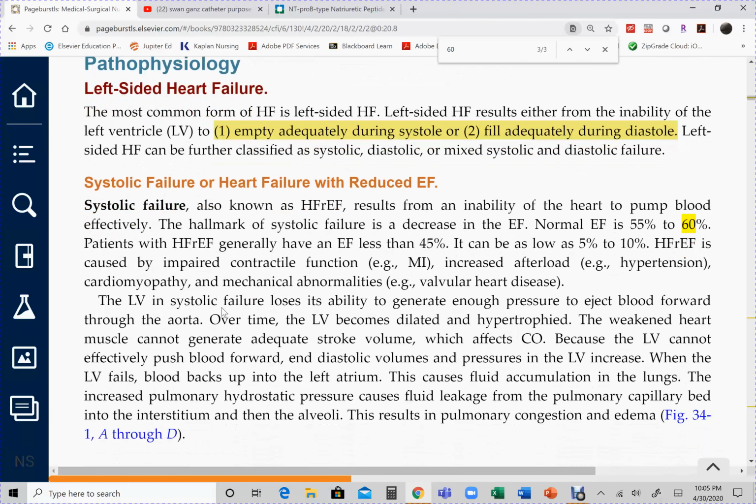There are generally two types of heart failure. We have left side and right side.